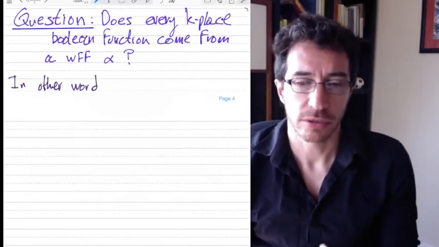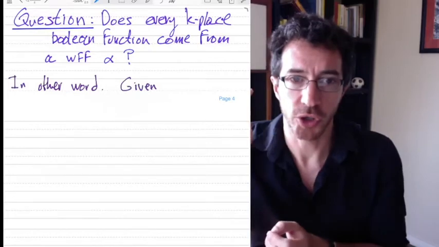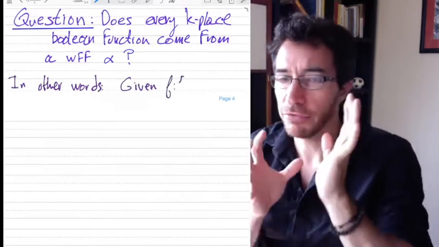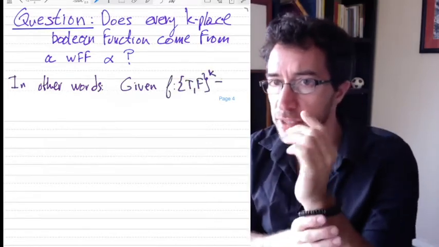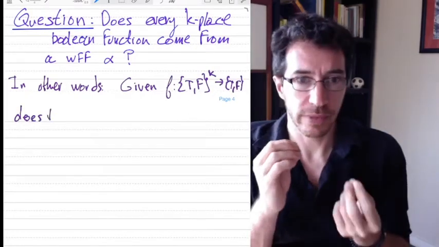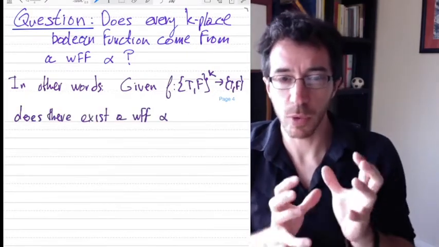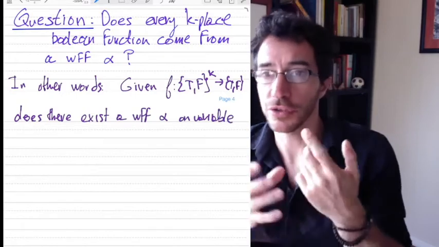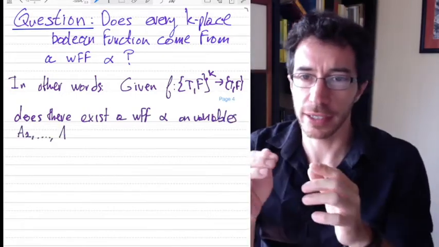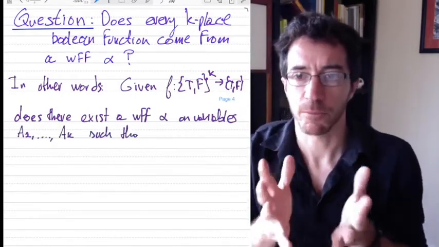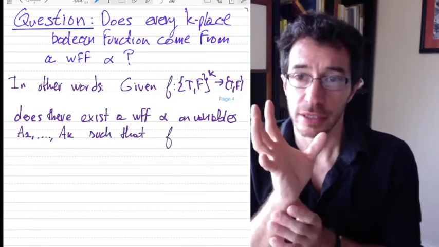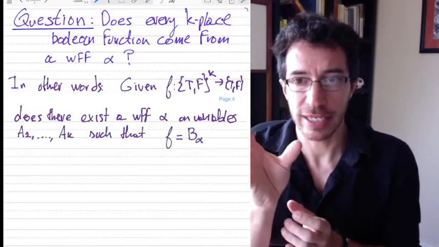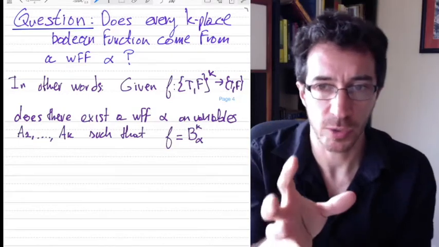In other words, you're given a function f, a k-place Boolean function f. Does there exist a well-formed formula alpha on the variables a1 all the way up to ak, such that the function f is the same as the Boolean function associated to alpha?